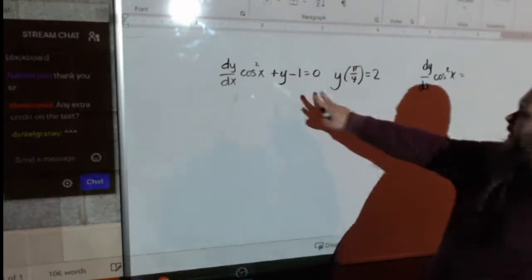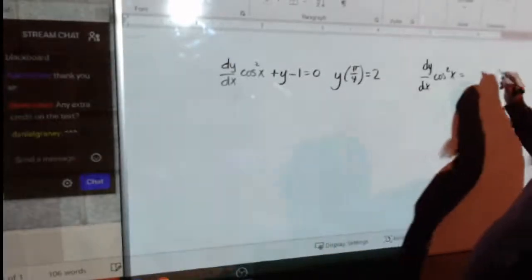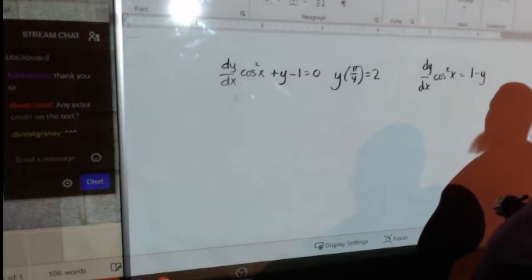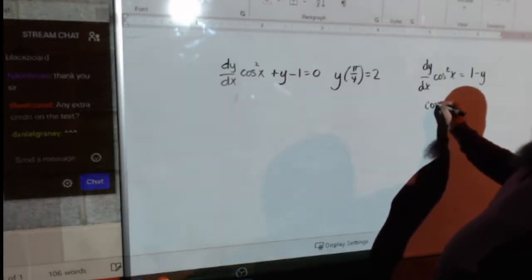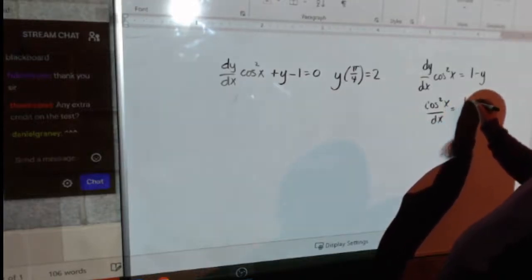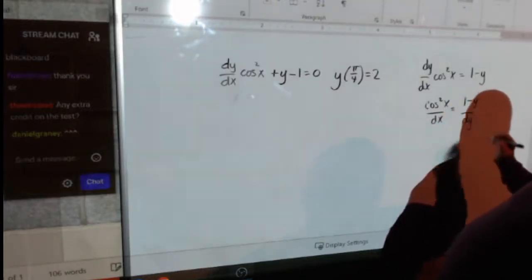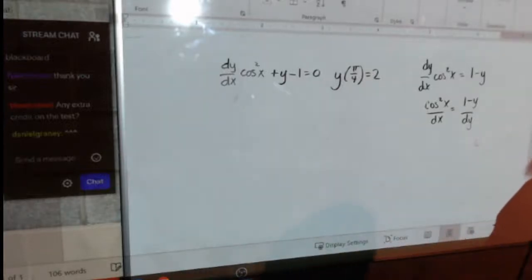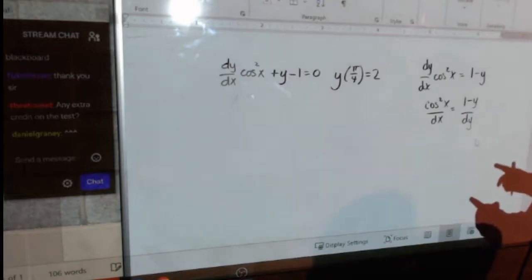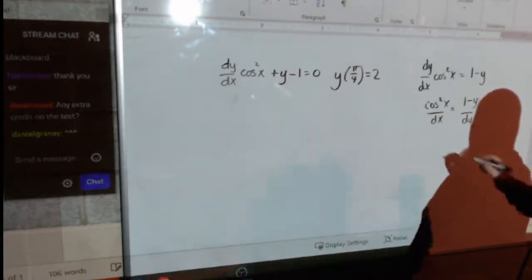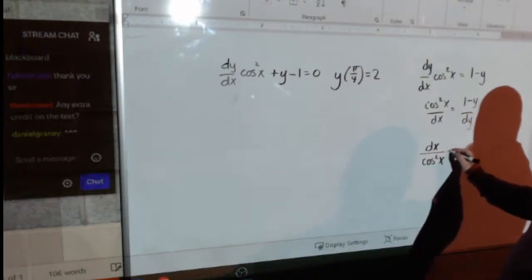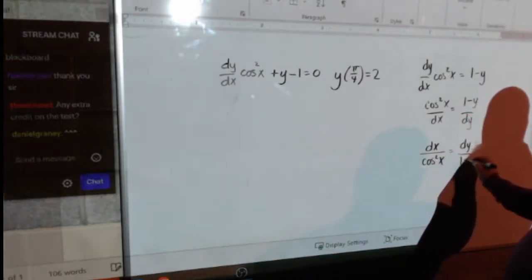I could move these two terms to the other side, and it would look like that. I then could leave cosine squared over dx on this side, move the y or dy to the other side, like so. And then I could flip both of those fractions. So dx over cosine squared equals dy over 1 minus y.